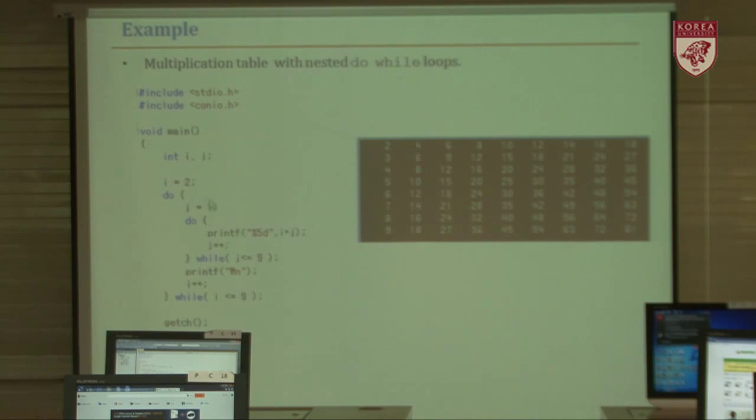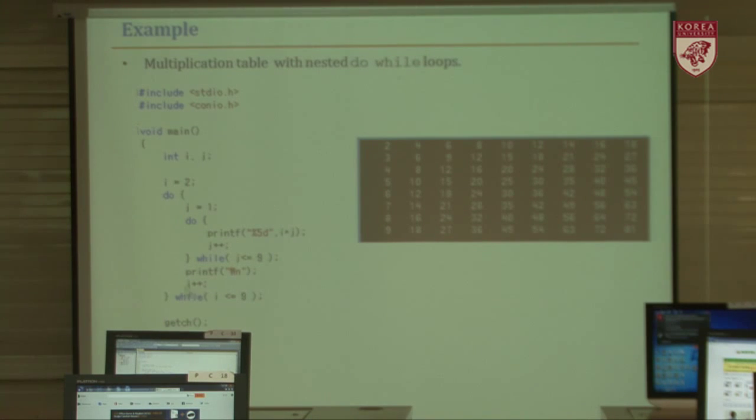This one starts from 1. J is equal to 1. By increasing 1, we're going to multiply I times J until J is less than or equal to 9. So it shows 2, 4, 6, 8, something like that. Once this inner loop ends, we print out the new line, so it switches the line.